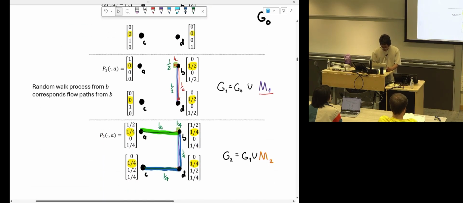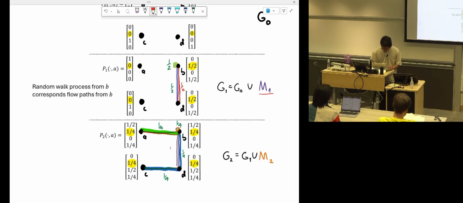And then in the next round, you're going to stay here with 1/2 and go along the matching here with 1/2 probability. So it induces a flow with 1/4 value here, and this flow path is split into 2.